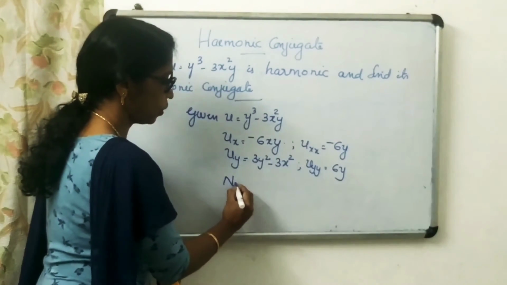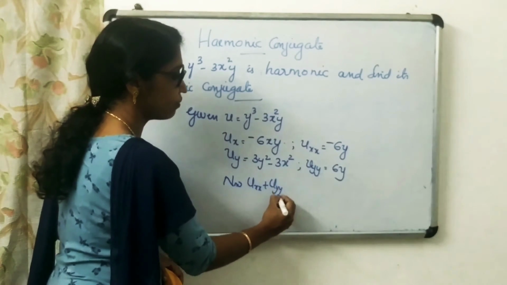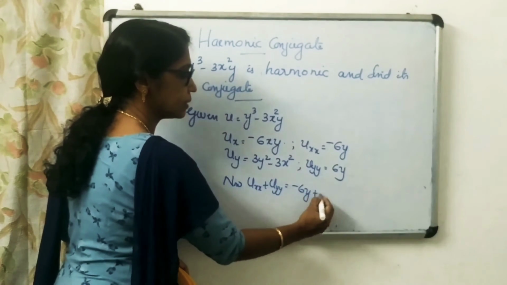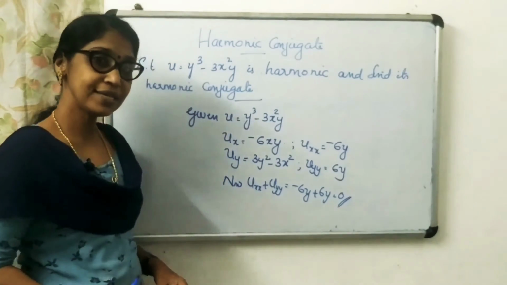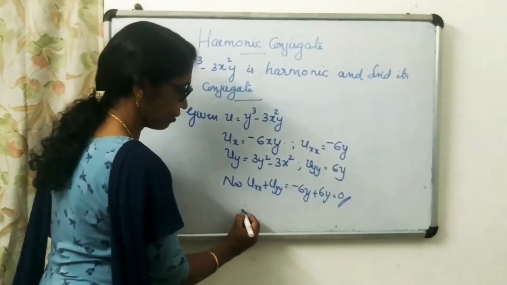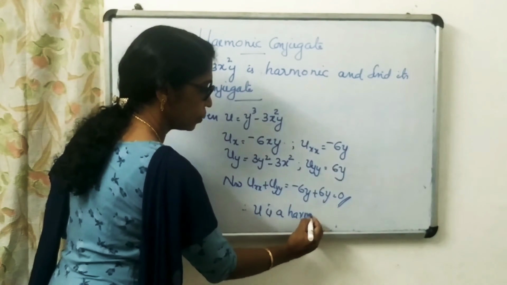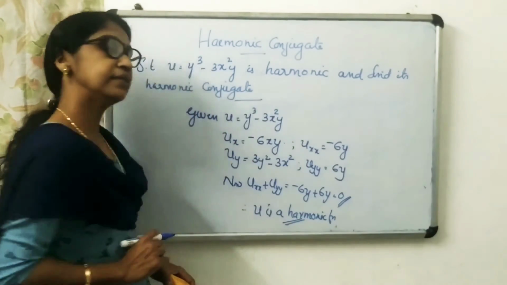Now uxx + uyy = -6y + 6y = 0. So u is harmonic. Therefore u is a harmonic function, that we proved.